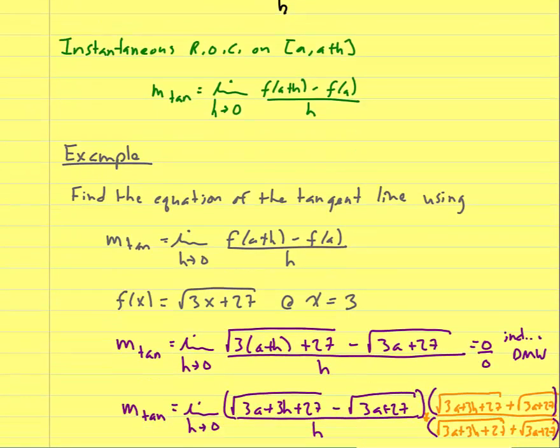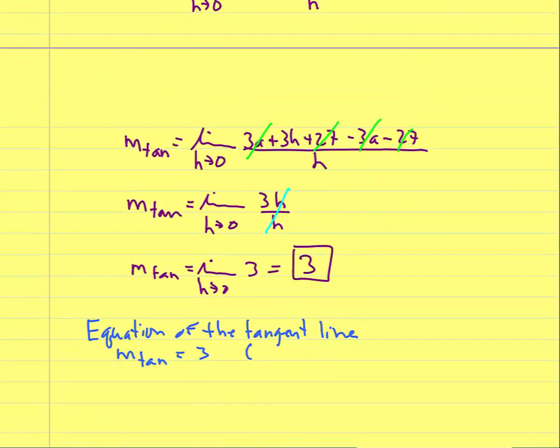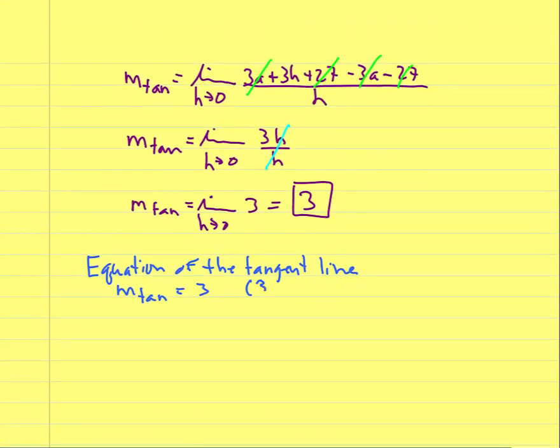Oops, went too far here. No, it was x equal 3, sorry. It's x equal 3. And then to find the y value, remember f of 3 is equal to the square root of 3 times 3 plus 27. So f of 3 would equal 27 plus 9 is the square root of 36, which is 6. So this would be the ordered pair 3, 6.